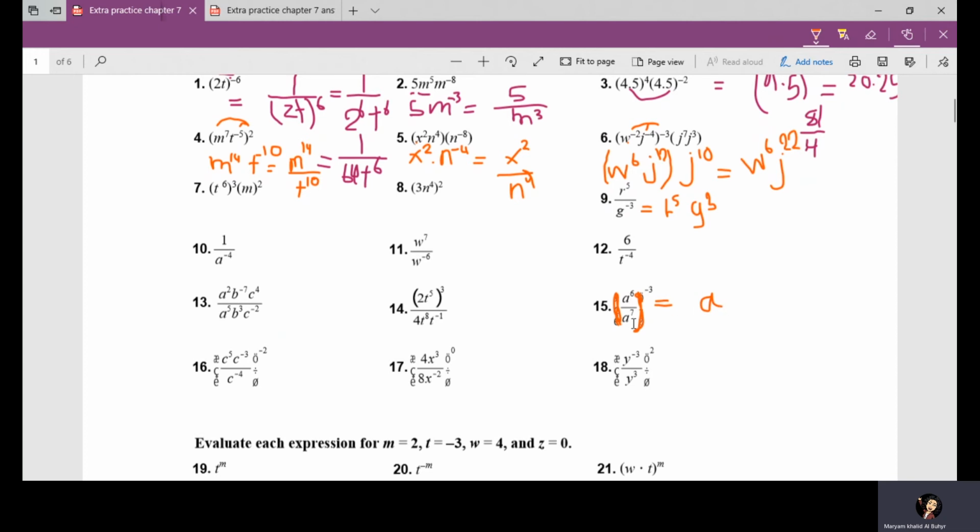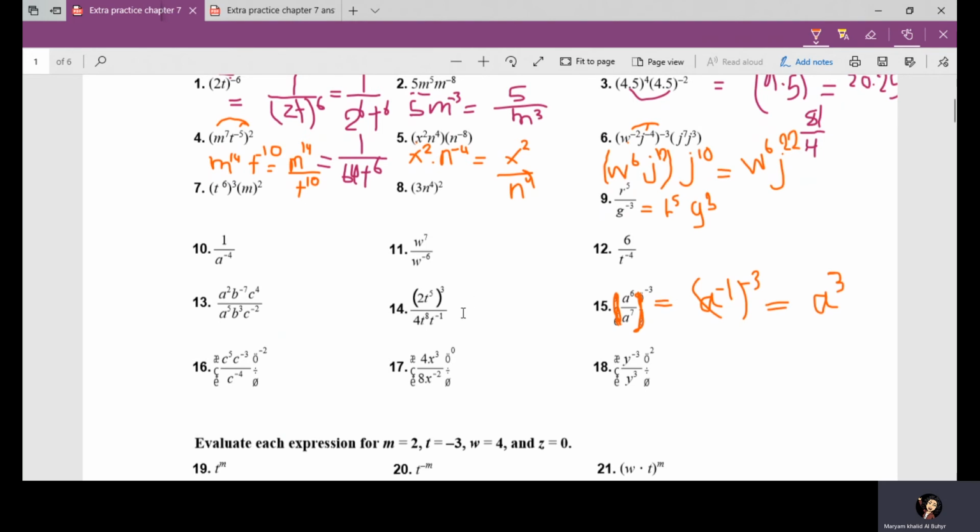So that's 6 minus 7, it will be negative 1. All this to power negative 3. So that is equal to a to the power 3. That's it, because I multiply these two powers.